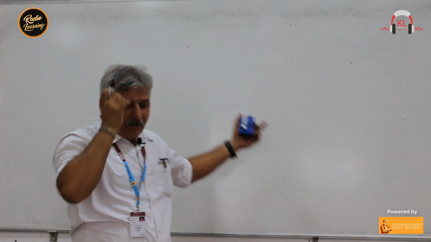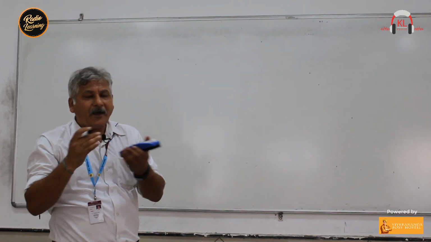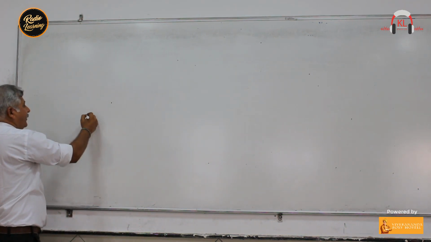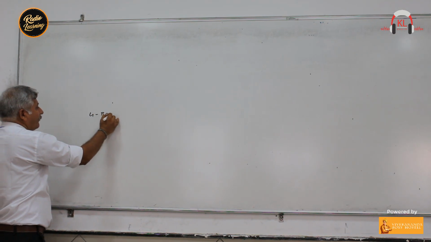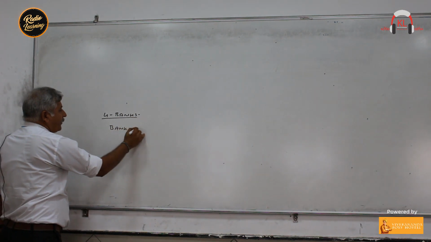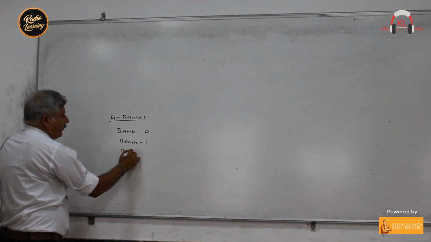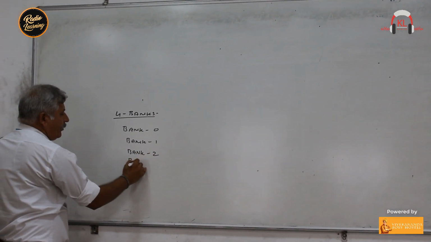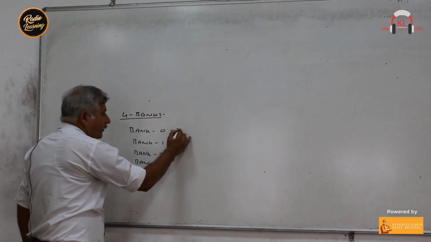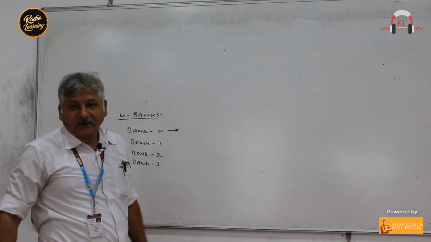These 128 byte locations in this RAM are divided in banks. There are 4 banks in this RAM: bank number 0, bank number 1, bank number 2, and bank number 3. Each bank can have 8 memory locations, 8 registers.